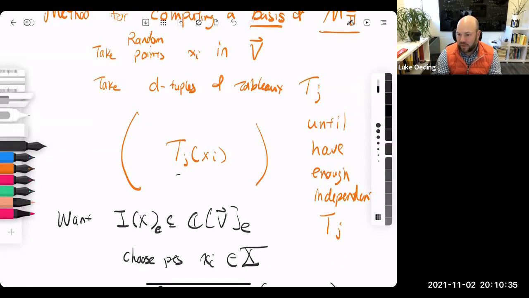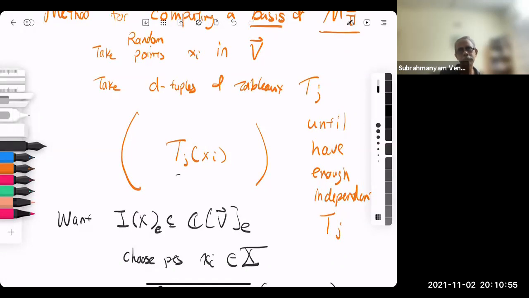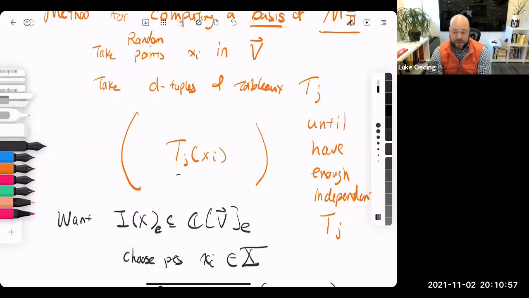We know the multiplicities in the tensor product space is just the product of all these Schur modules. So if you took all the tuples of standard tableau in each factor, then you would find a basis, but you could stop once you get to the dimension given to you by the character theory. Okay. And that's much more efficient. But if you didn't know the character theory, this would tell you the answer also.